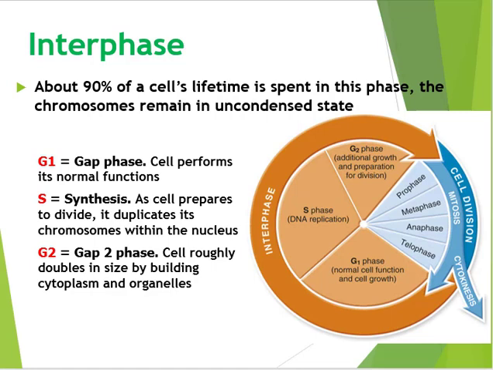And interphase has a G1, which is a gap phase, and the cell performs just normal growth and cell functions. And then there's a synthesis phase, or S phase, where the DNA is being replicated. And then the G2 phase is the second gap phase. The cell has roughly doubled in size, and the cytoplasm may swell, and it's preparing for cell division at this point.